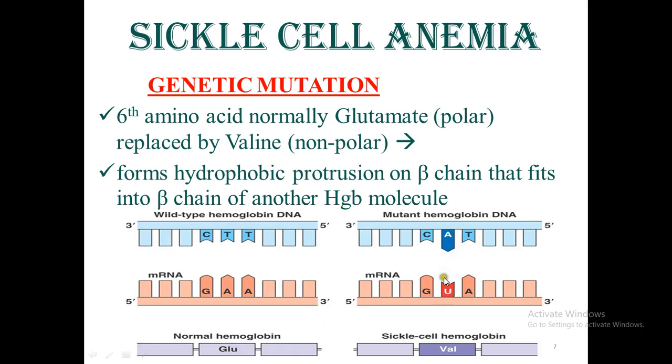The complement to A is U. So now the nucleotide sequence in the messenger RNA becomes GUA instead of GAA. GUA codes for the amino acid valine, whereas GAA was coding for glutamic acid. And so in the sickle cell hemoglobin, at the point where glutamic acid normally should have been, what do we have here? Valine.